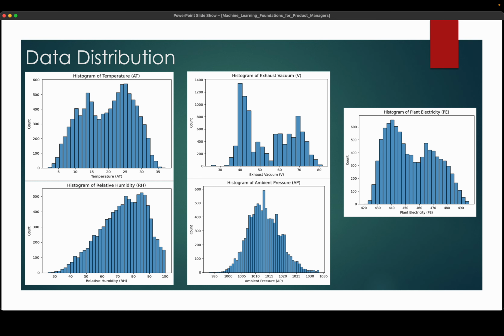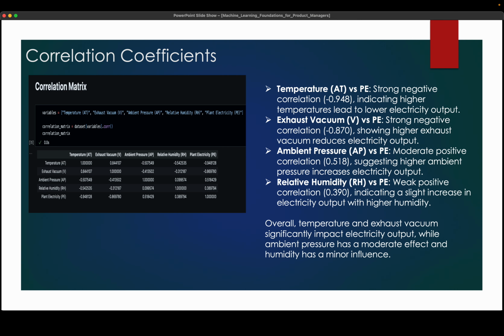After that I calculated the correlation coefficient for all the variables in the data. Temperature has a very strong negative correlation with the PE value, indicating that higher temperature leads to lower electrical output.